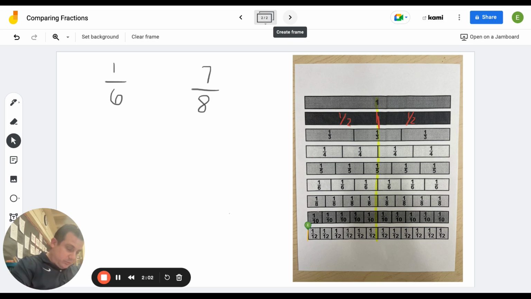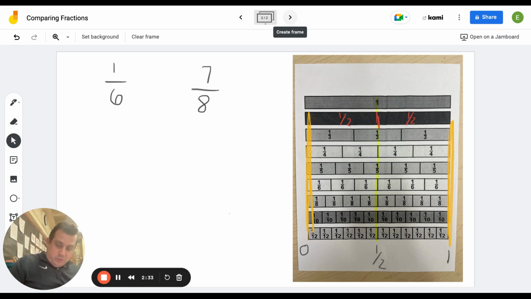When we refer to it, here is the 0, here is your half, and here is your whole. So you want to use that vocabulary now when you're looking at each of these fractions. When you look at 1/6, we could say it's actually closer to the 0 than it is to the 1/2 or the 1 whole. There's only one piece out of 6.